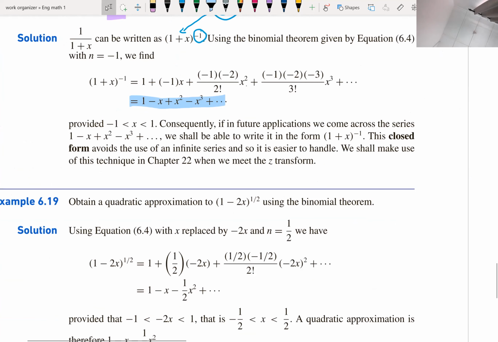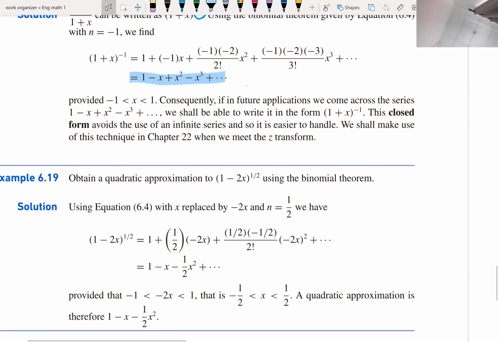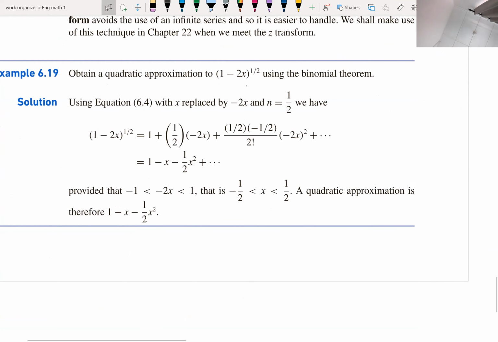Okay, I think this is the last example. The question: obtain a quadratic approximation using the binomial theorem.